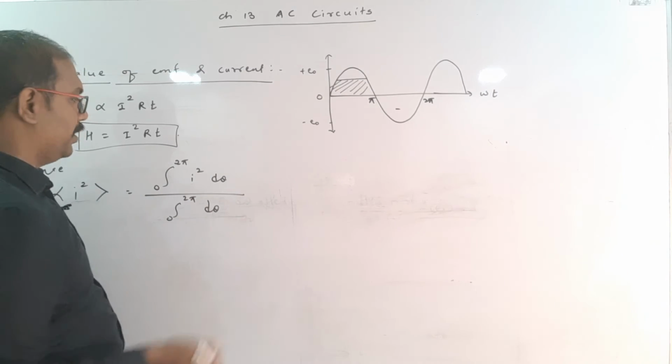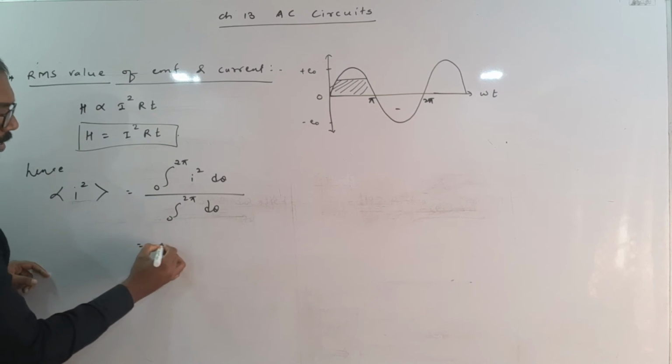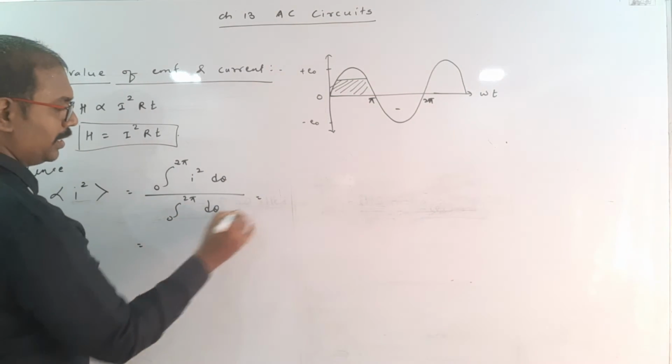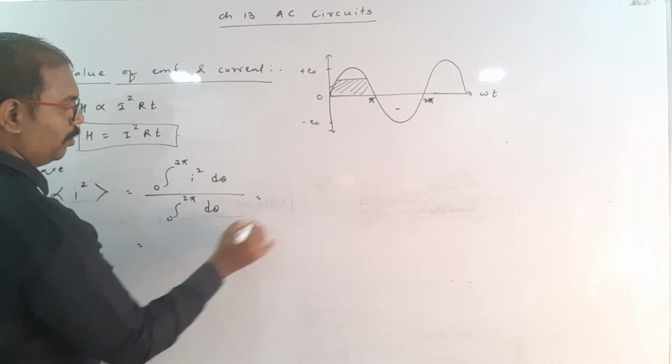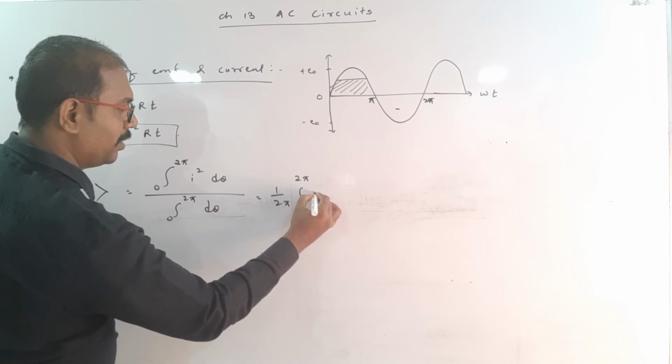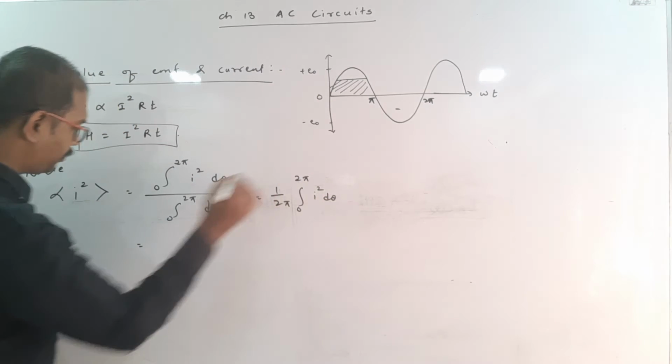Now here we have to solve this one. Since the lower term comes 2 pi, I can take 1 upon 2 pi outside, so 0 to 2 pi I square d theta.